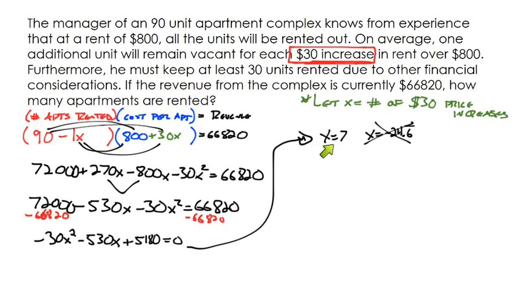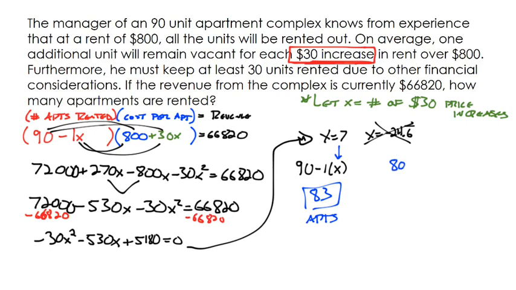Let's think about what that means in terms of our problem. Yes, x equals 7 is the solution, but how many apartments were rented? We had this many apartments rented: if x was 7, then 90 minus 7 means we had 83 apartments rented. It didn't really ask for it, but just out of curiosity, let's look at the cost per unit.